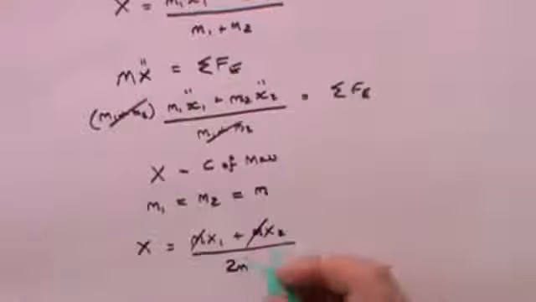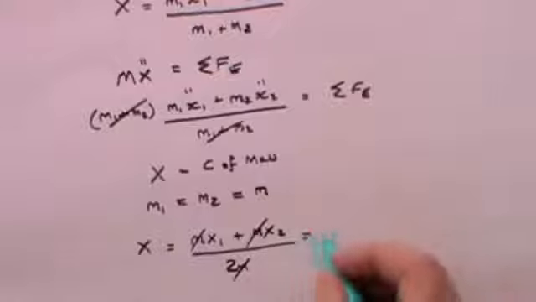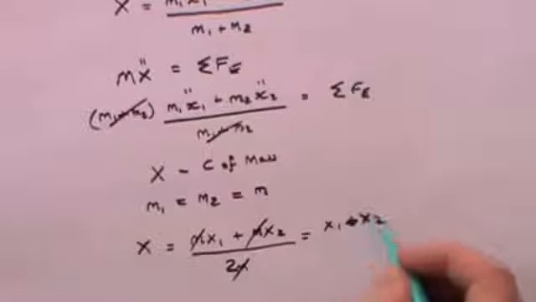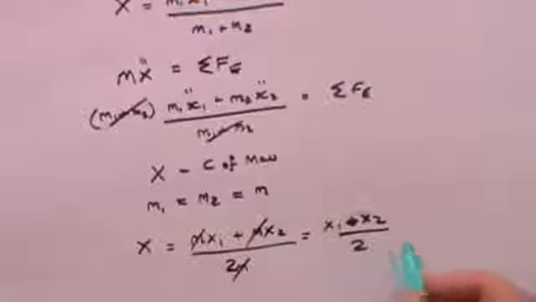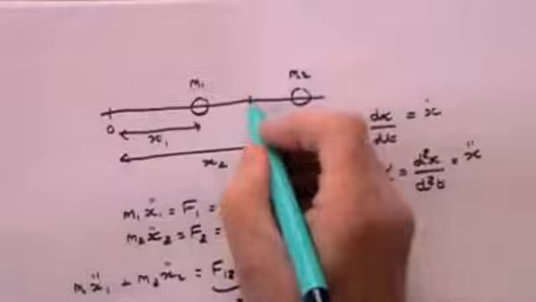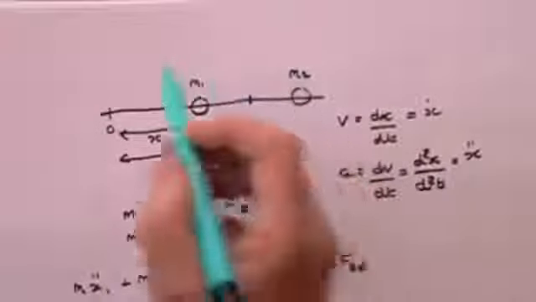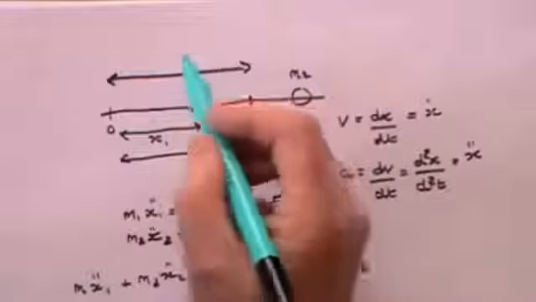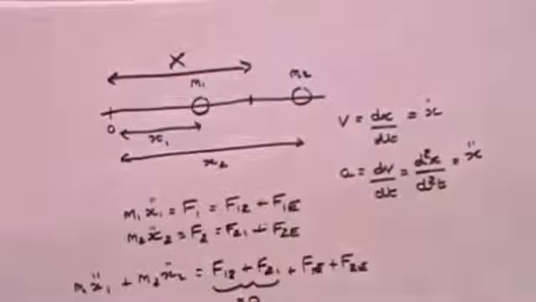The masses all cancel, and you end up with x1 plus x2 divided by 2. And all that means is that the centre of mass is halfway between mass m1 and mass m2. That distance is the distance from the origin of the centre of mass.